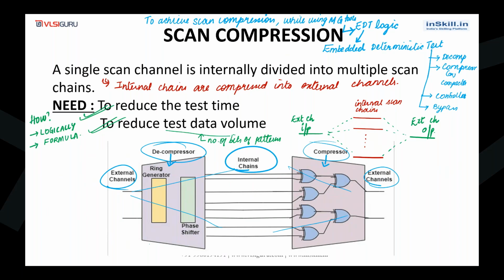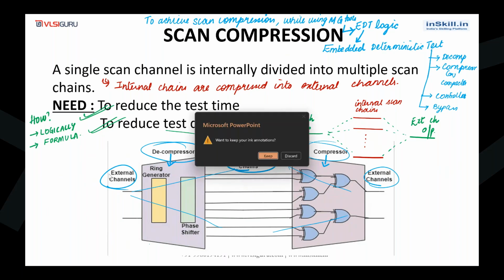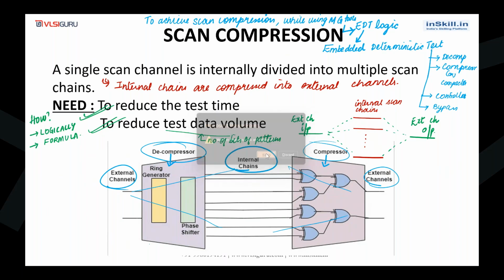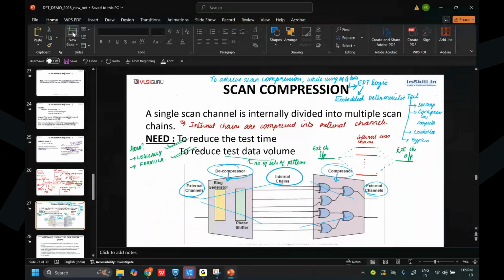As part of the scan compression topic, let me tell you which subtopics will be covered. Topic 2 is scan compression. First, we'll understand what scan compression is, and then the need for scan compression.